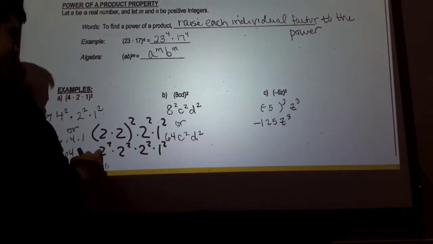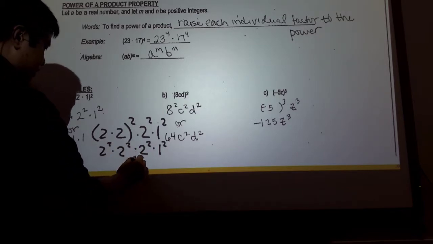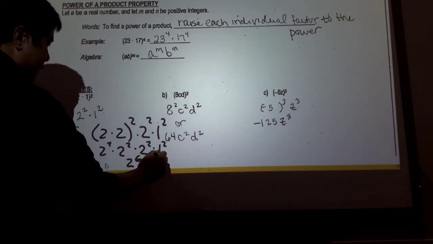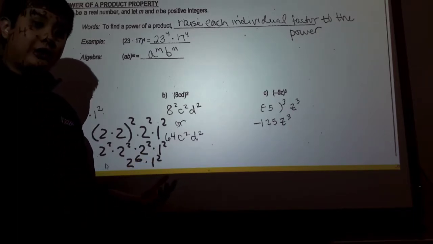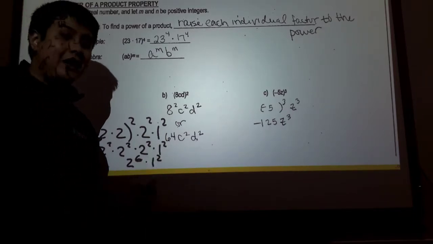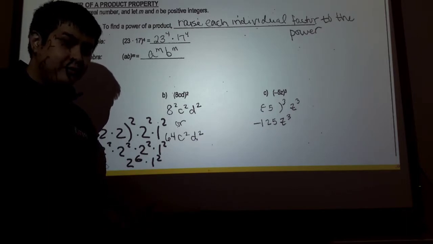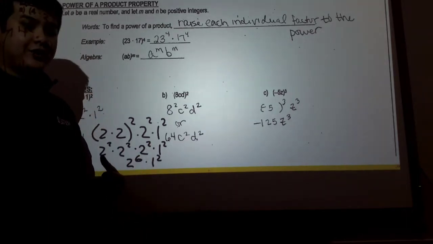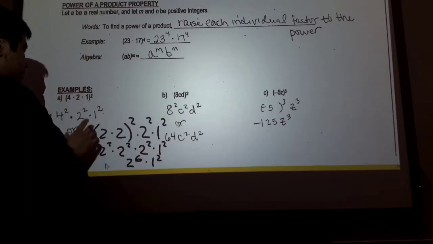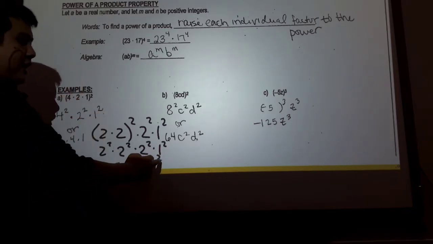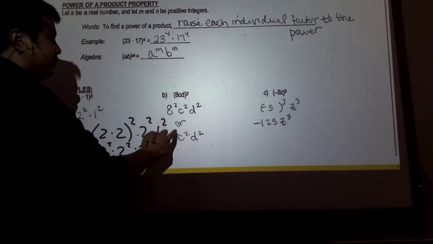Which also gets us, if we combine these, 2 to the sixth power times 1 squared. And that would be our answer as well. This 1 squared, you can leave it off if you want to, because we know that anything times 1 gets us that thing originally. Okay, so this is not necessary. You can have this or this, and we'll see why this might be beneficial going forward.